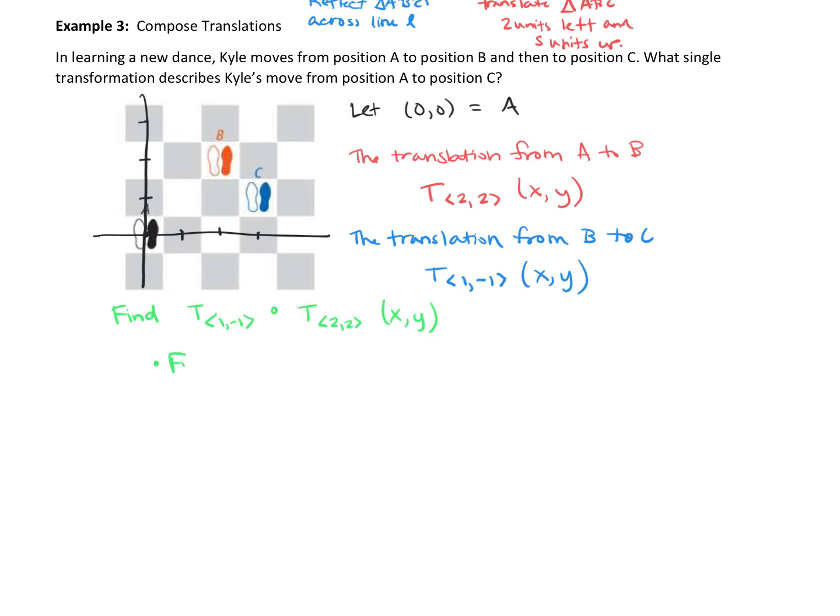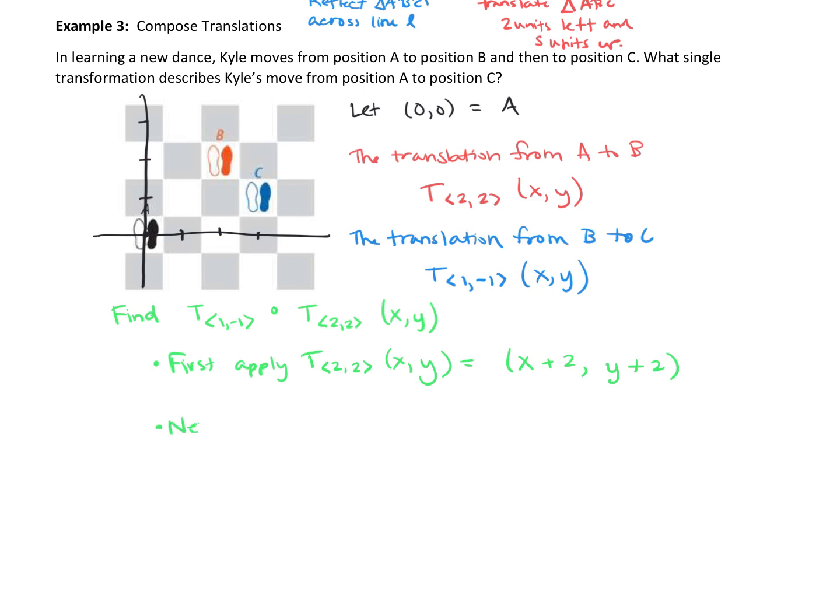First, remember we start with the second one. So we're going to apply the transformation of 2, 2 to our ordered pair xy. What that looks like is we're going to have our x-coordinate plus 2, our y-coordinate plus 2. That's going to result in our new image.